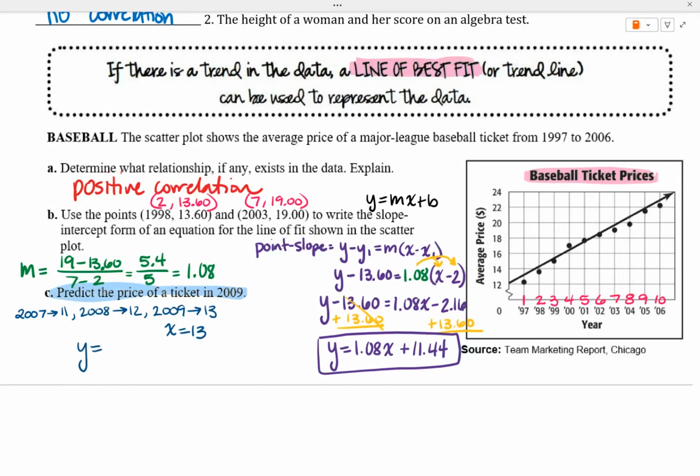So y equals 1.08 times 13 plus 11.44. And I'm just going to plug this into my calculator to find out what that ticket price would be. So 1.08 times 13 plus 11.44 gives me 25.48. So in 2009, the price would be $25.48, most likely.